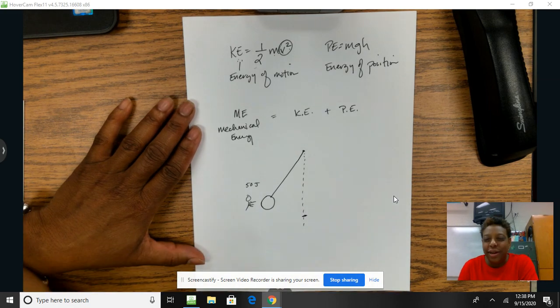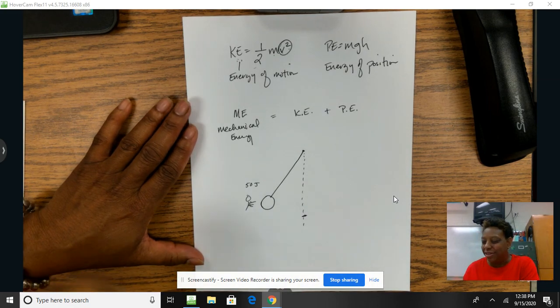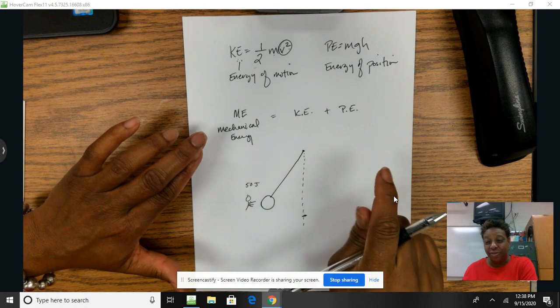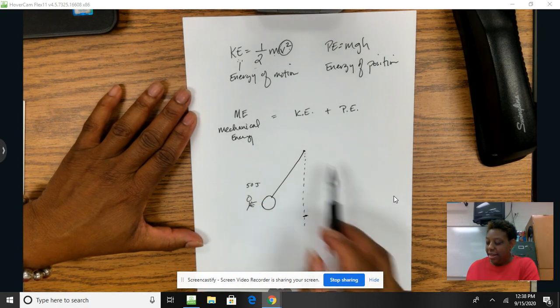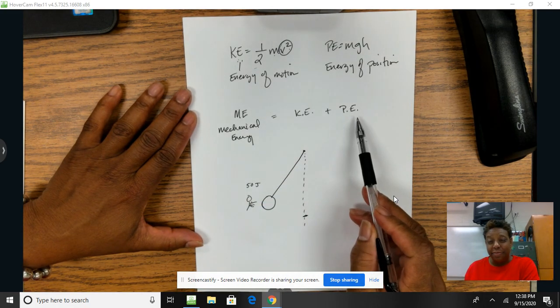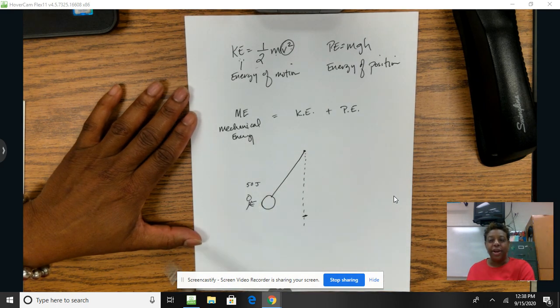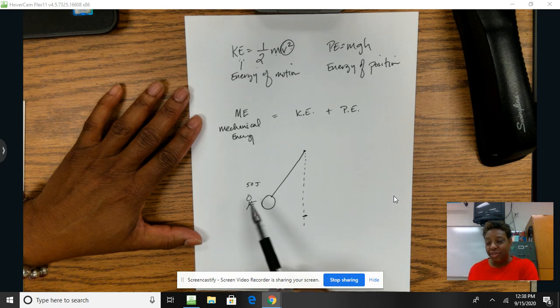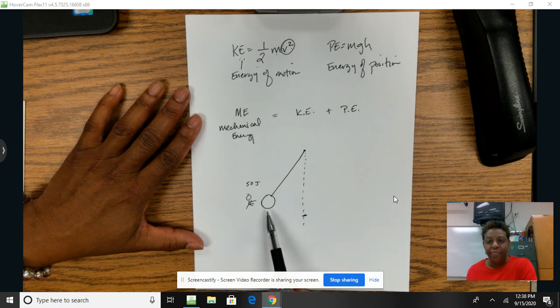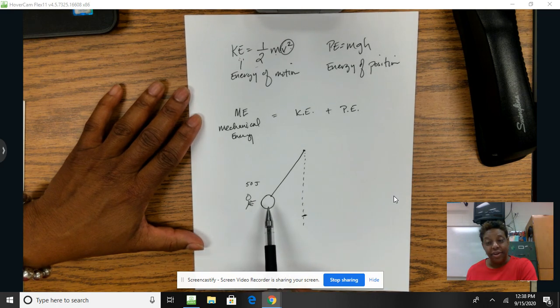The question becomes, what kind of energy is it? So we're considering mechanical, kinetic, and potential. So what we know is that the sum of the kinetic and the potential is what we refer to as the mechanical energy. So in other words, my real question here is, when they are holding the pendulum, is the energy kinetic or is it potential?